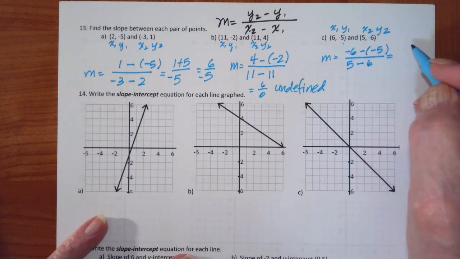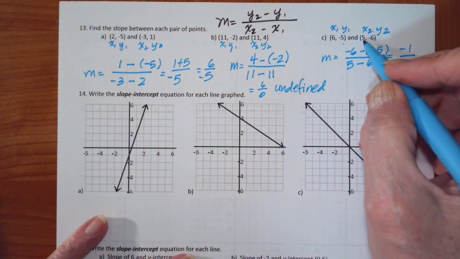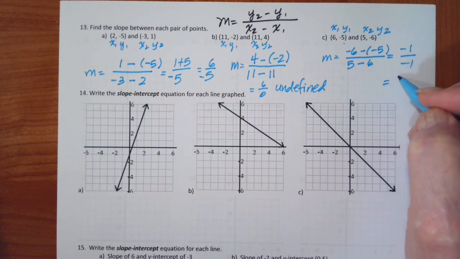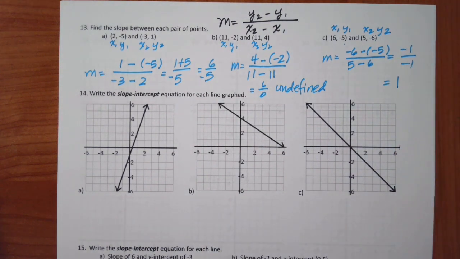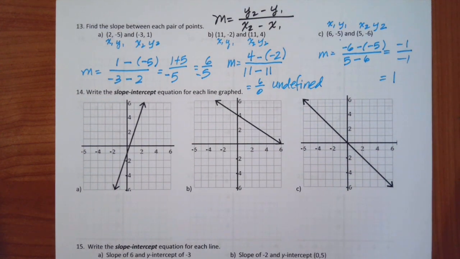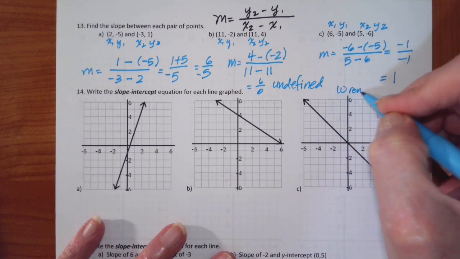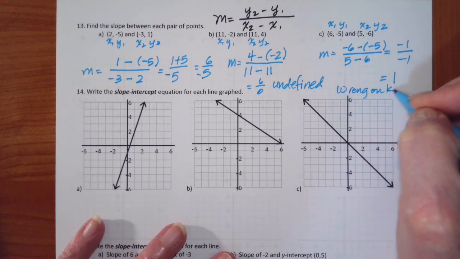Negative 6 plus 5 is negative 1. 5 minus 6 is negative 1, which means my slope is 1. That is wrong on the key. The key says negative 1. This is wrong on the key.